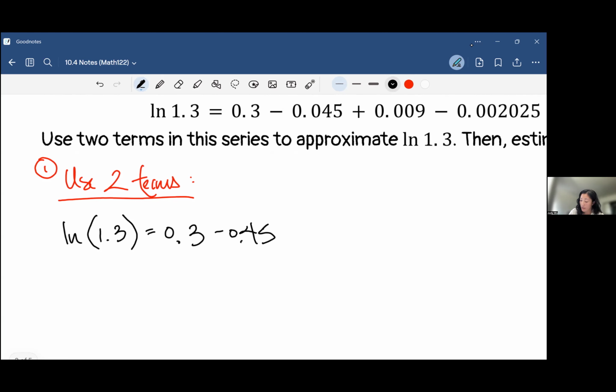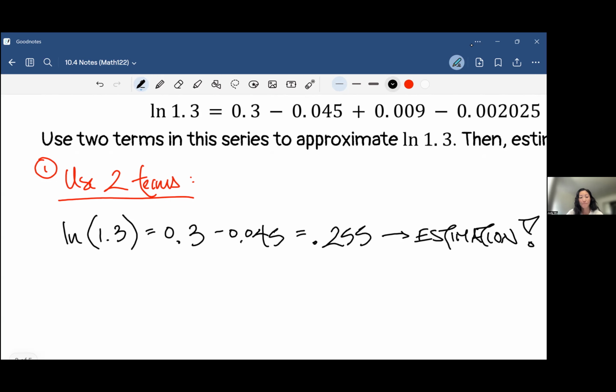Now, when I take these two numbers and subtract them, let's see what we get. So 0.3 minus 0.045 gives me 0.255. And this is my estimation.